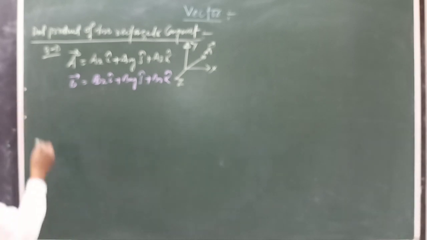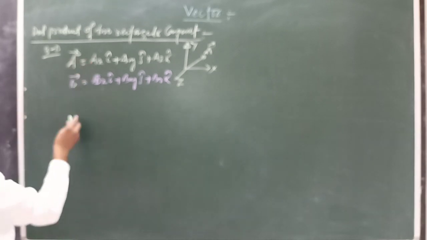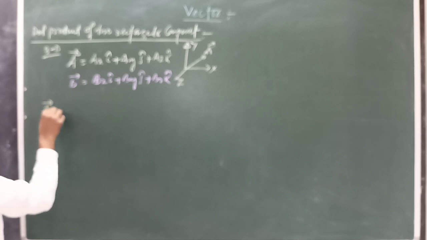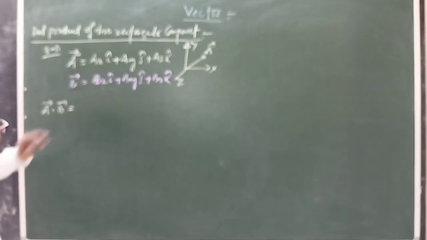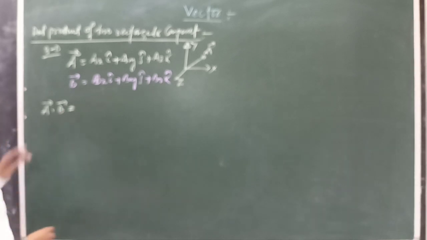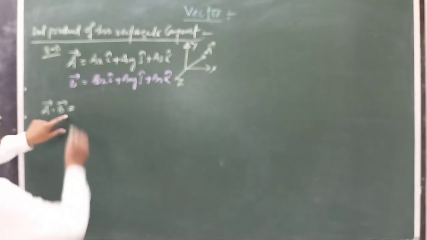Clear? Now we have to find here the dot product of these two vectors, vector a dot vector b. Then how can we multiply these two vectors? A vector dot b vector.